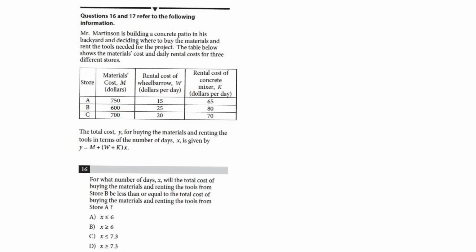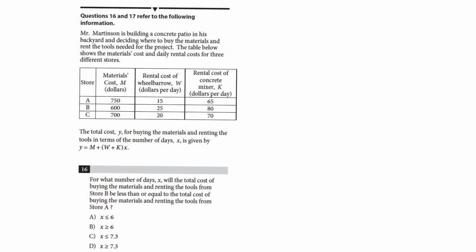Mr. Martinson is building a concrete patio in his backyard and deciding where to buy the materials and rent the tools needed for the project. The table below shows the materials cost and daily rental costs for 3 different stores. The total cost, Y, for the building materials and renting the tools in terms of the number of days, X, is given by Y equals M plus W plus K times X, where X is the number of days.